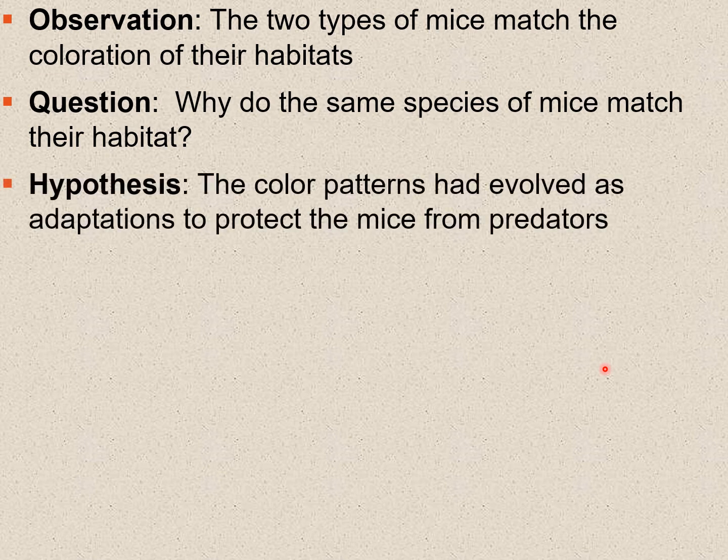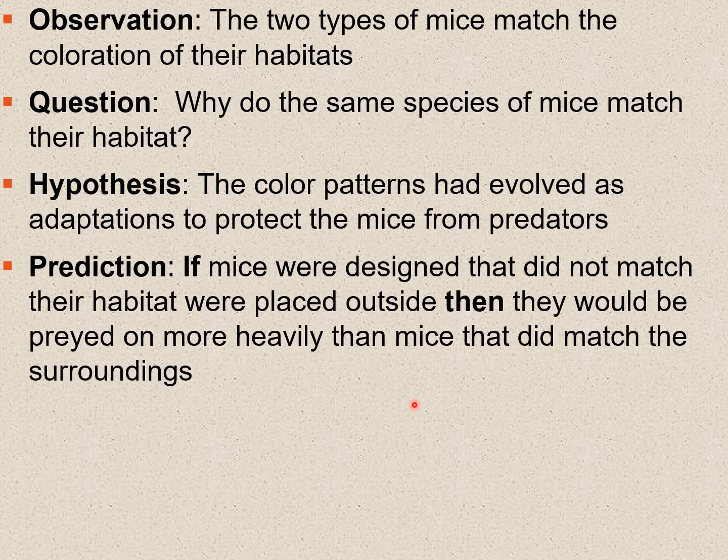The hypothesis is the color patterns had evolved as adaptations to protect the mice from predators. This goes back to natural selection. Here we have a change in coat color, and they're more likely to survive where they're going to inhabit.